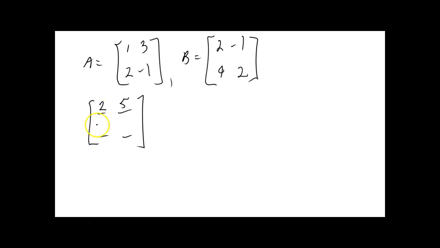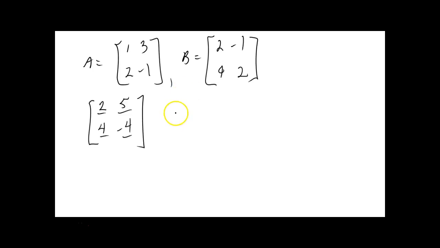The 2, 1 entry, second row, first column, is 4. And the 2, 2 entry, second row, second column, is negative 2 minus 2, which is negative 4. All right. So 2, 5, 4, negative 4. Got it.